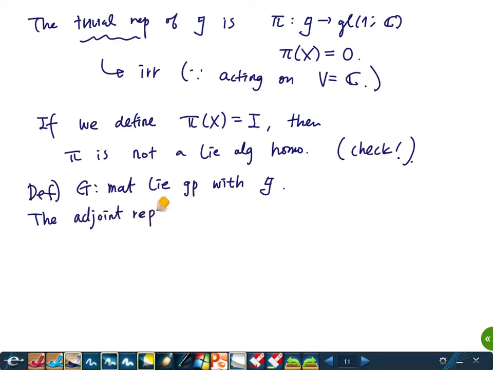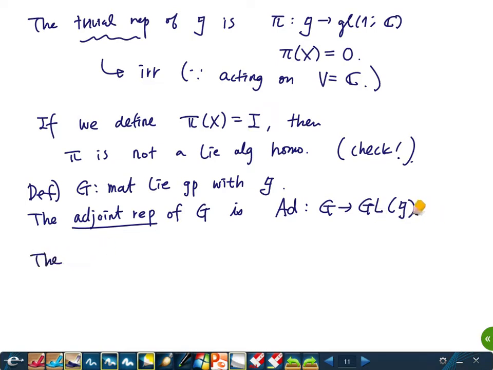We only said there's a map, but now we can say there's an adjoint representation, Ad, from the group to the general linear group of g. This is a vector space, so we can talk about this. And the adjoint representation of g is, as you expect, small ad, to the general linear group of g.